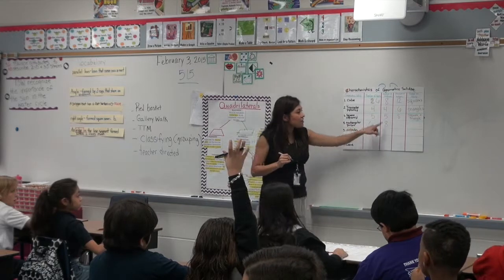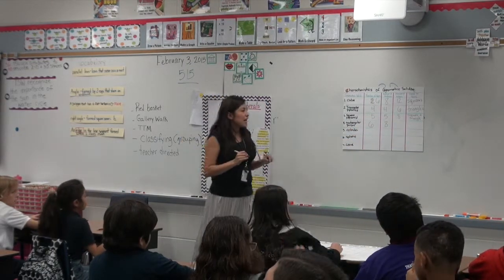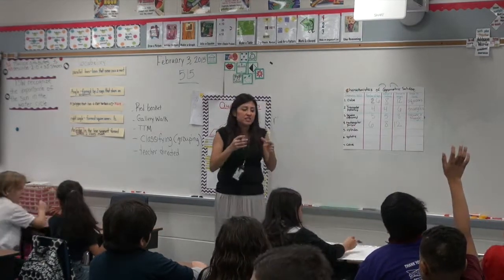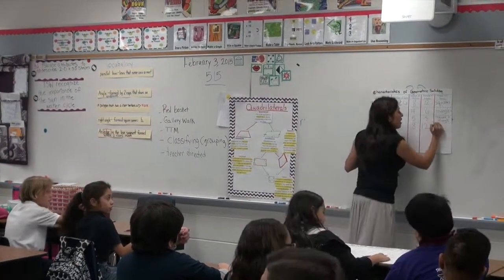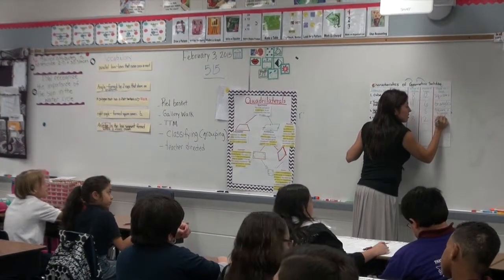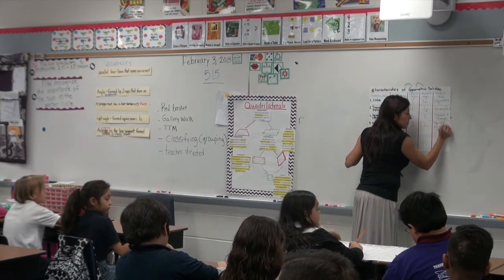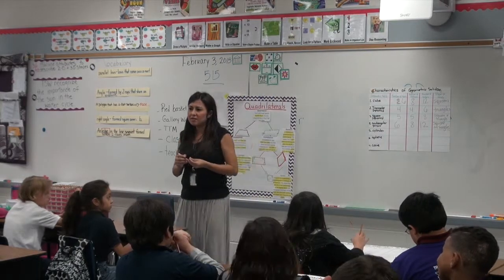Brooke, what did y'all have for your rectangular prism? Do y'all agree? Yes. And can somebody tell me, raise your hand and tell me, what faces did you see on that rectangular prism? Brendan? Square and rectangles. Do y'all agree with Brendan? Yes or no? Y'all sound unsure. What do y'all think? Yes.